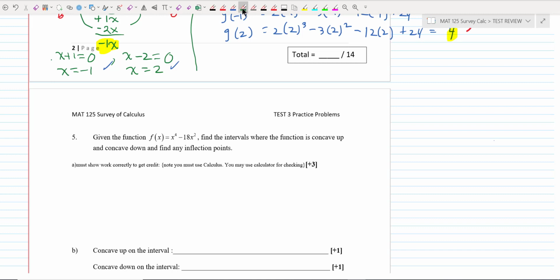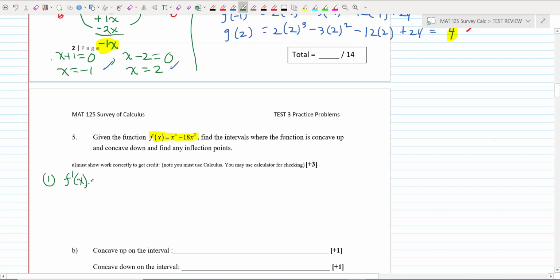Okay, so the next thing that I'm going to look at is going to be the concavity. So what I've done is I've given a function, and this time what we're going to do is just analyze the concavity. To begin with, for concavity, you have to analyze the second derivative. So we're going to start by doing the first derivative.